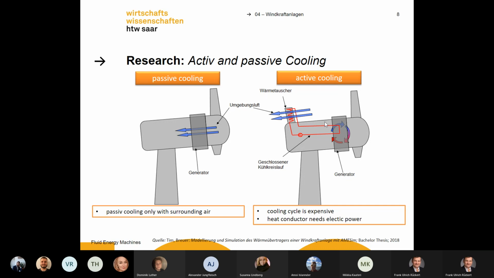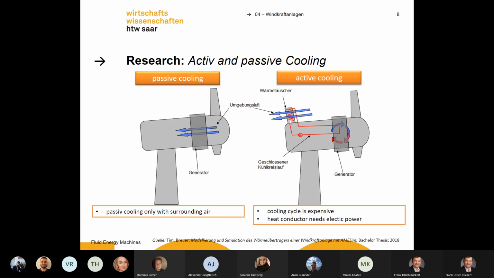On the other side, there is also the technique of active cooling. Active cooling is like a climate system. You have the generator again, but you have an active system, a pump and a fluid heat conductor, and you need some fluid to cool it down, and of course this costs energy.